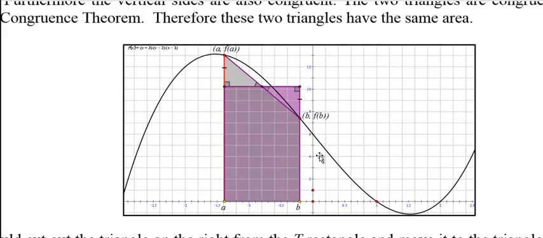If you remember from your geometry class, that tells you that that's enough to make those two triangles congruent. So among other things, what that tells us is that they have the same area. So if I cut off this little purple triangle right here and sort of rotate it around and put it right up there on that one, I would end up with the same area.